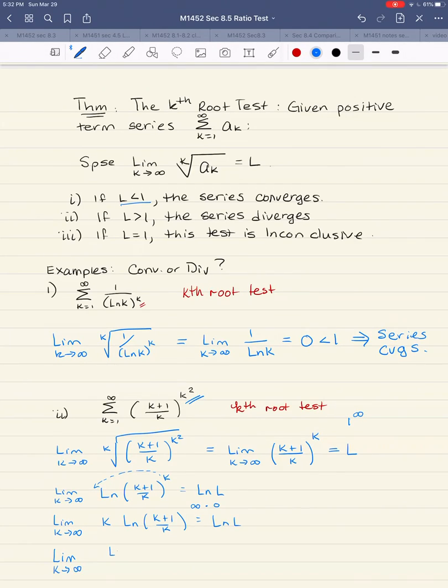Remember, we fix that by taking the polynomial term and putting it in the denominator as a 1 over k. And now it has the right form. I've got the natural log of 1, which is 0, and 1 over infinity is 0. I've got the right form to use L'Hopital's Rule.